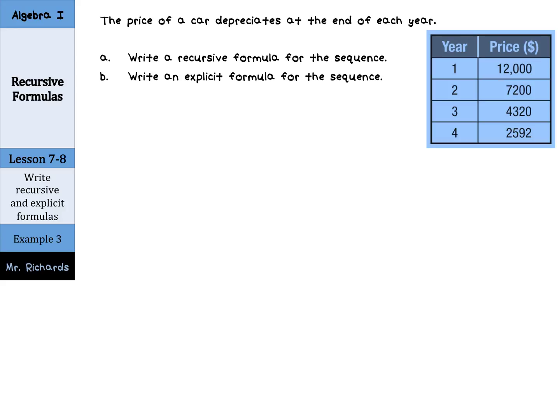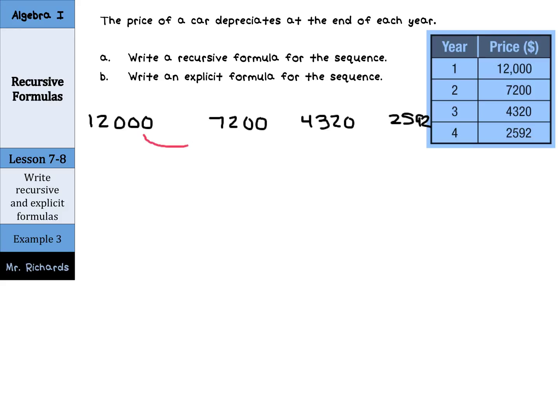Before we can do that, we need to figure out whether or not we have an arithmetic or a geometric sequence. Well, if I list my numbers out, 12,000, 7,200, 4,320, and 2,592. Let's look to see if I have a common difference first.